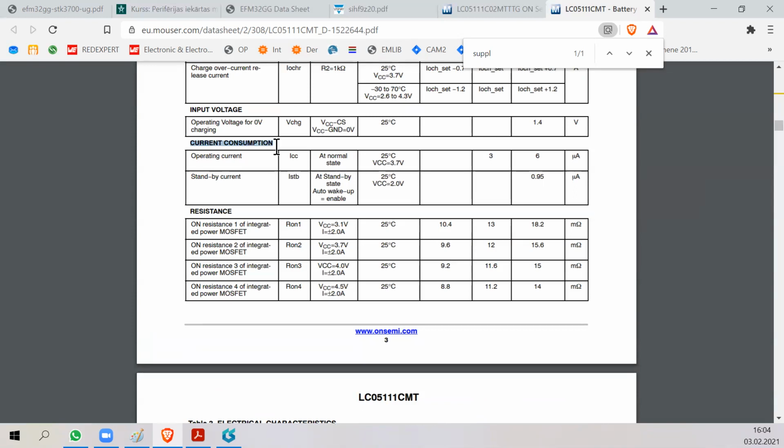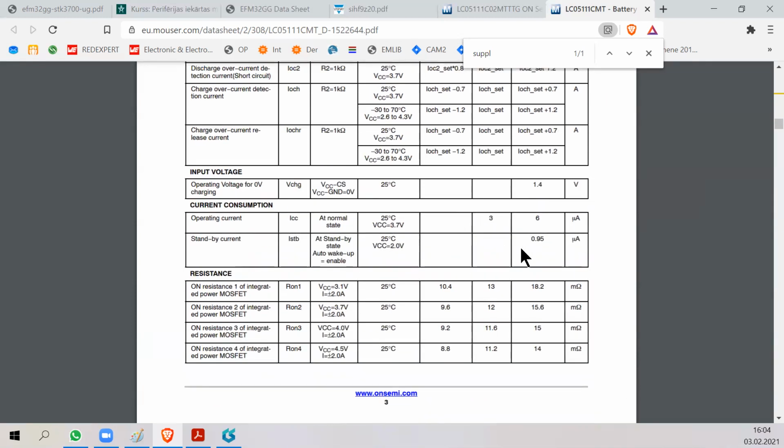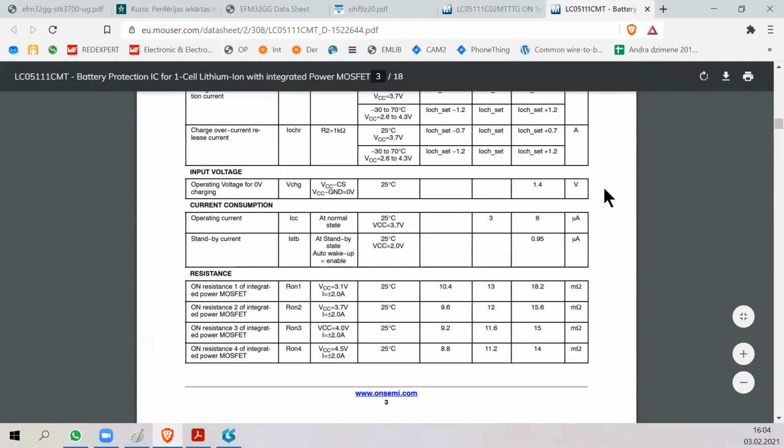Okay, here it is: operating current is 3 up to 6 microamps at normal state, and in standby, when the battery voltage goes really low, it switches itself off and draws 0.95 microamps, so really small. It does not drain the battery much, compared to not having it. It's a relatively small impact, but it's true that it does consume some current.